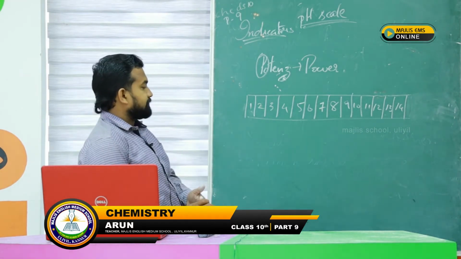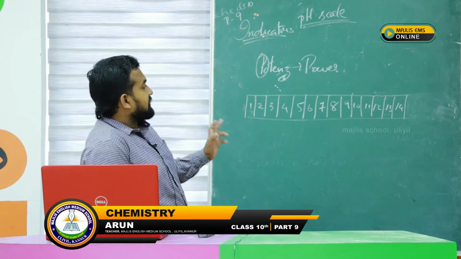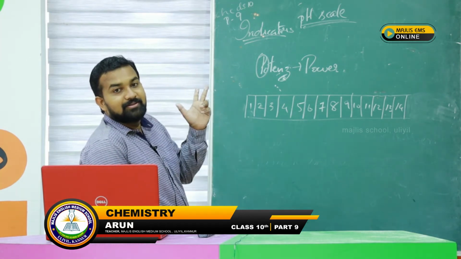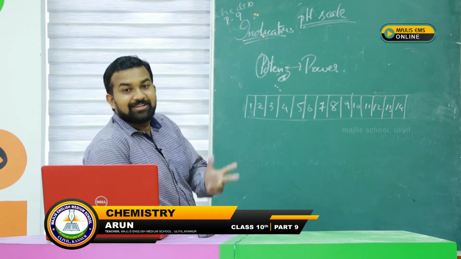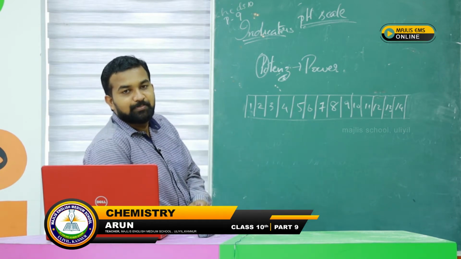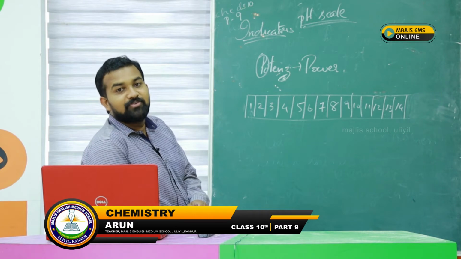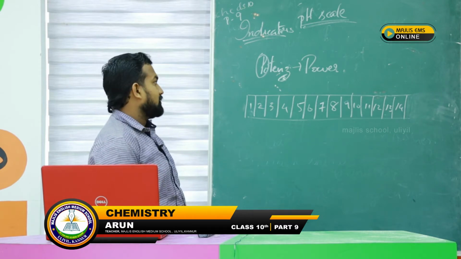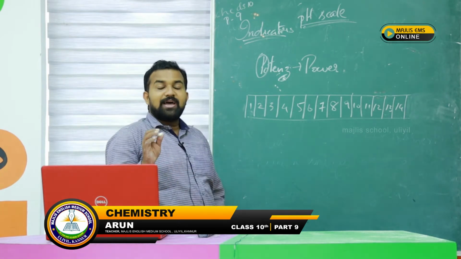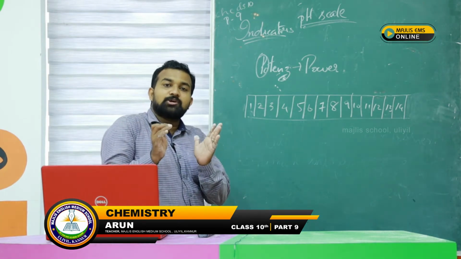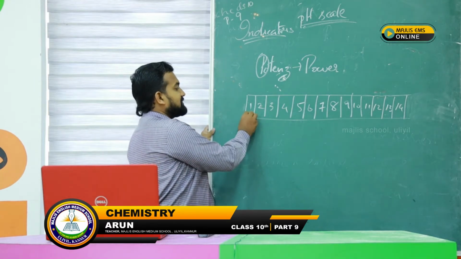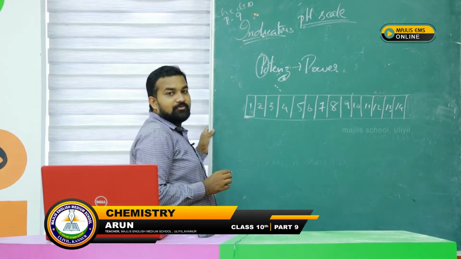Okay. So listen, this scale will help us to determine the strength of an acid or a base. How will it help? If the concentration of H plus ions is more in an acid, that will be placed in the first category.